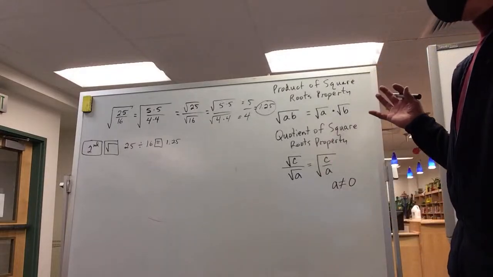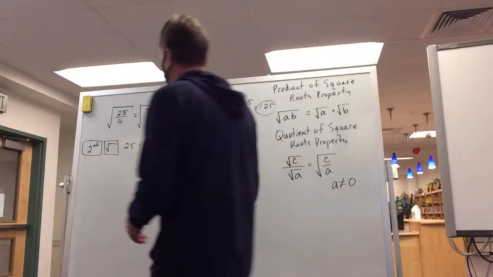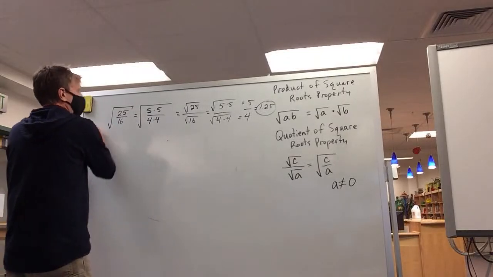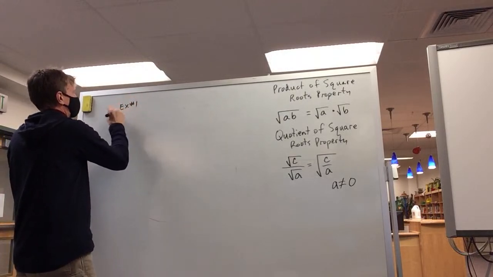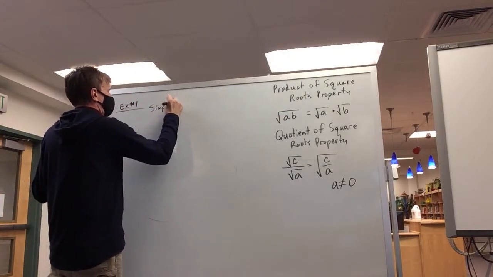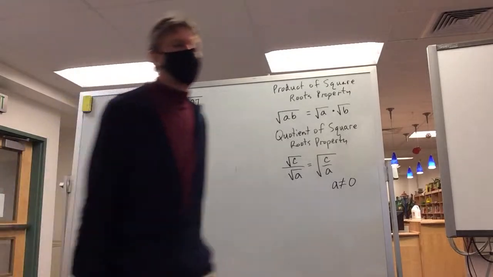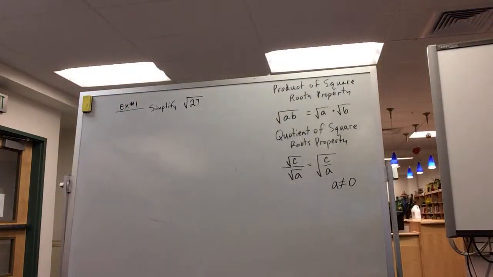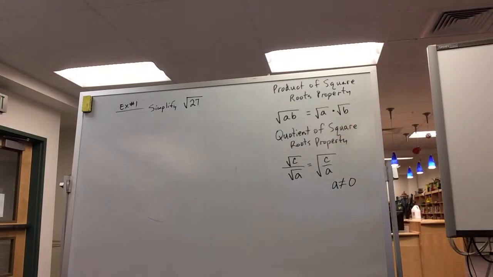And then, how do we use these properties? That's what the examples are. So, here's the first example. They want you to simplify the square root of 27. And it's like, use one of these properties to write that more simply, is what they're asking us to do.